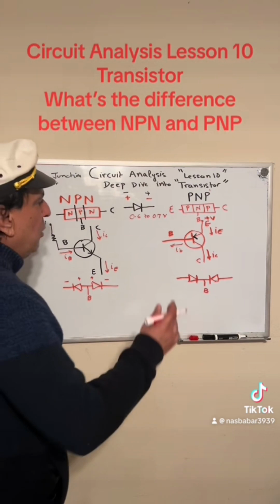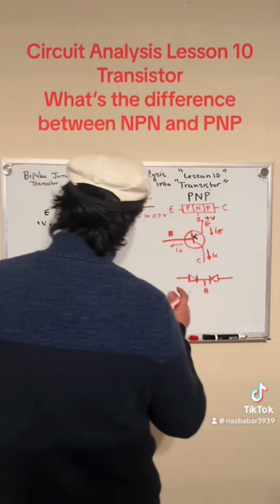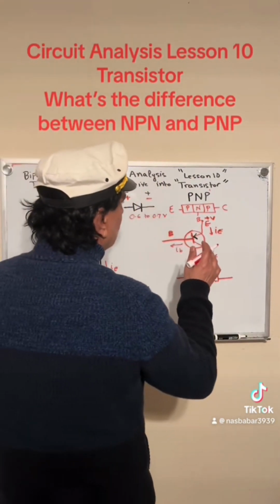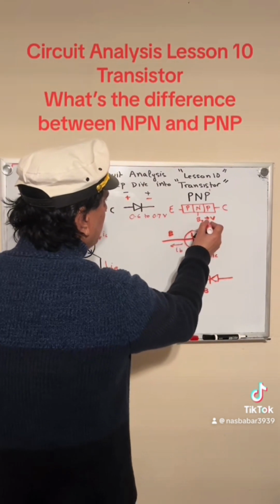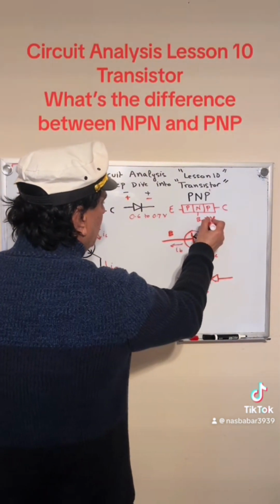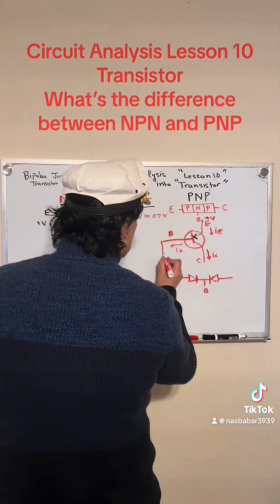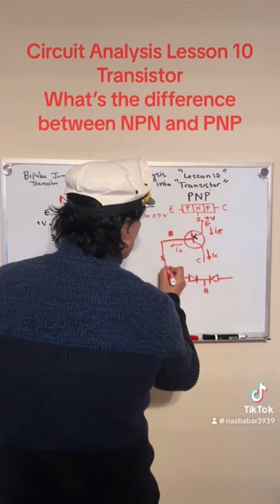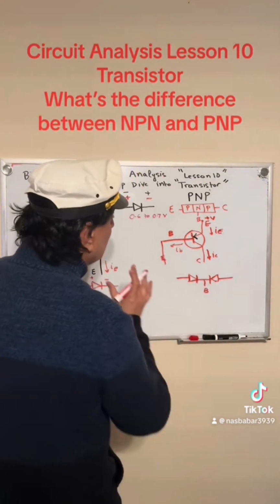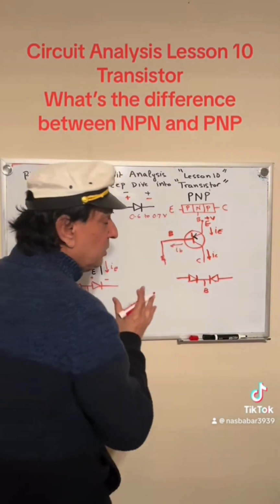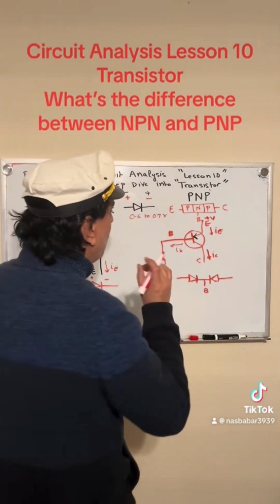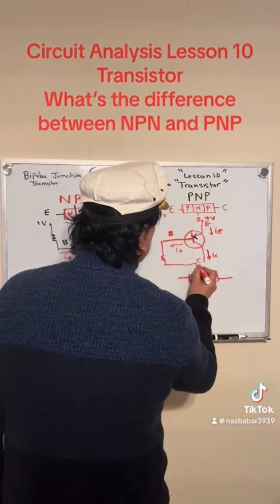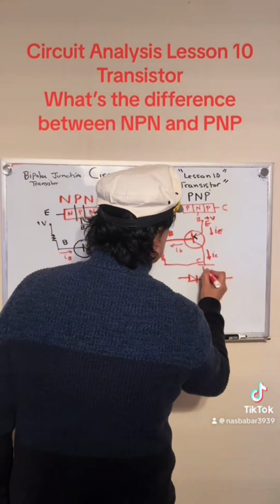Okay. Now one more thing. Your positive source in PNP is connected to the emitter. Your base connects to a resistor because we want to control how much current can go into the transistor, and it should be really small. And then we connect it to the collector, and this is all grounded.